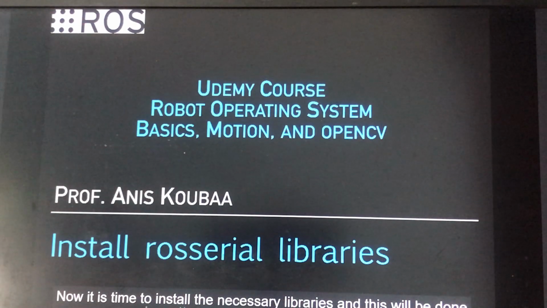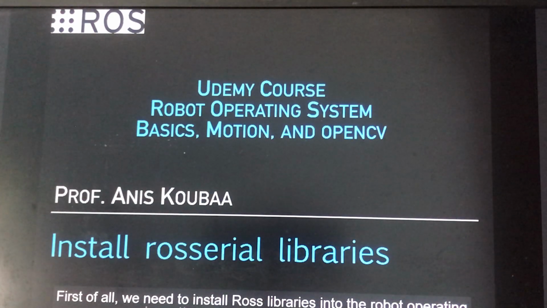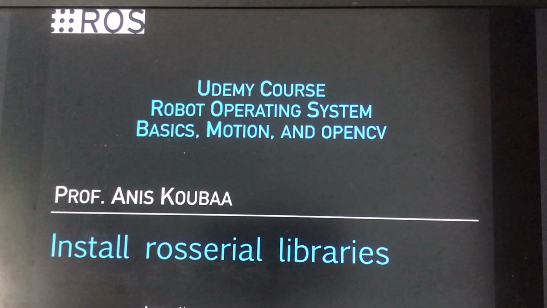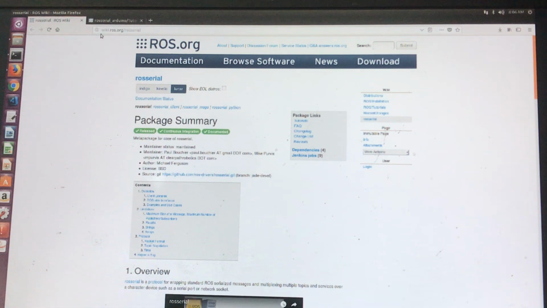Now it is time to install ROS serial libraries, and this will be done in 2 steps. First of all, we need to install ROS libraries into the robot operating system itself, and then we need to generate ROS libraries for the Arduino embedded system. Okay, so let's see how it works. So this is the reference page for the ROS serial protocol in the ROS wiki, which is available on the website wiki.ros.org/rosserial.